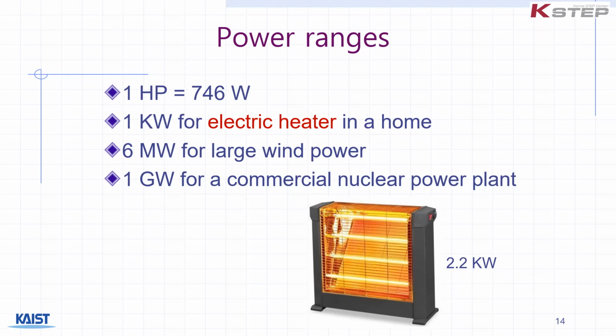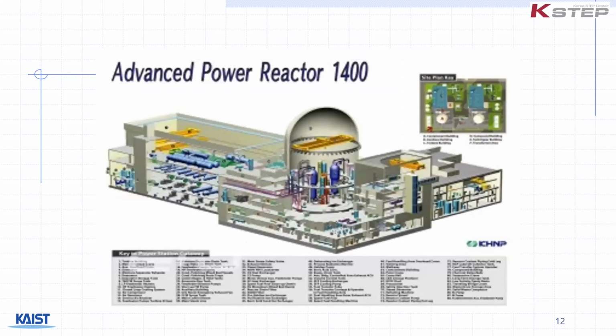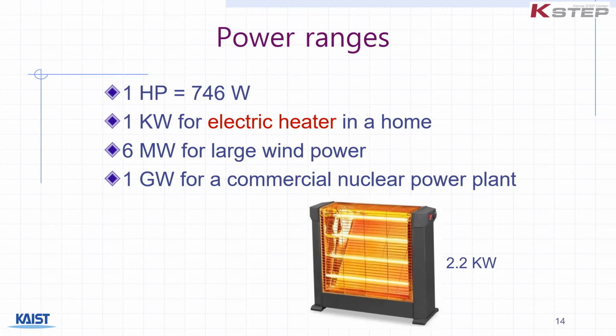That is good, right? And a gigawatt means 1,000 megawatts. That is our commercial nuclear power plant, right? This one is, see that, 1.4 gigawatt. So approximately 1 gigawatt is the size for a commercial nuclear power plant.